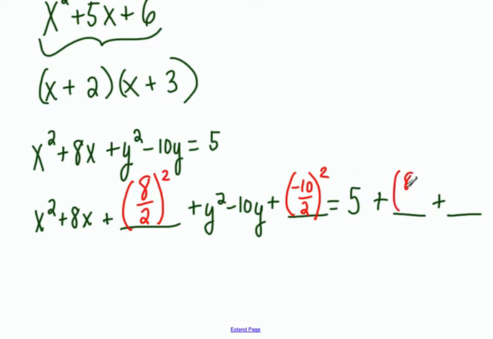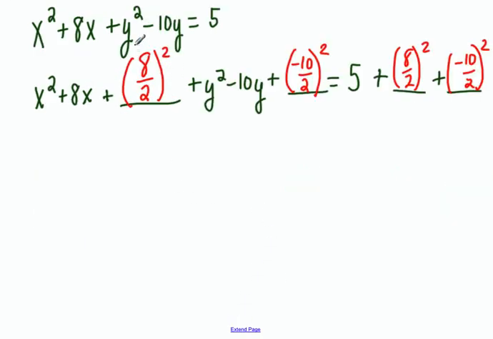And then I would add that over here as well. Are you with me? Yeah. All right, here we go. What is (8 over 2) squared? 4. It's 4 squared, which is 16. Does that make sense? What's -10 over 2? -5 squared is +25.